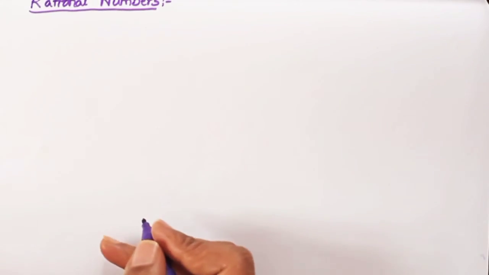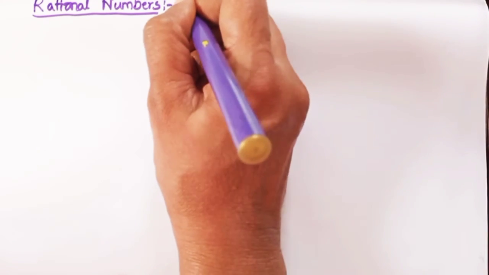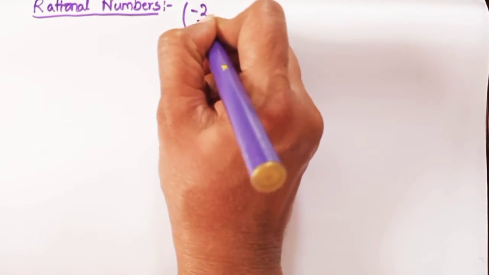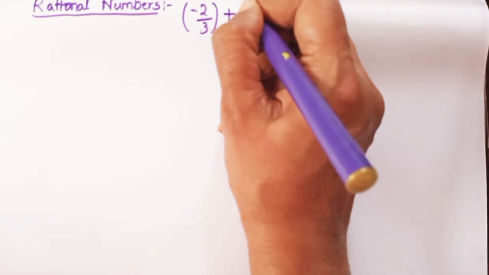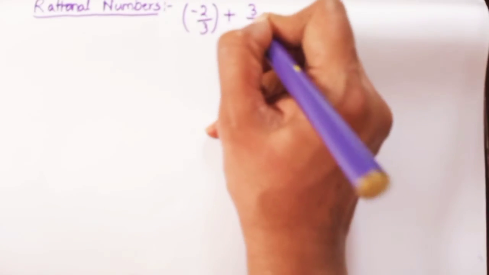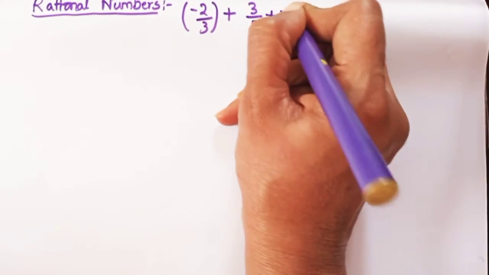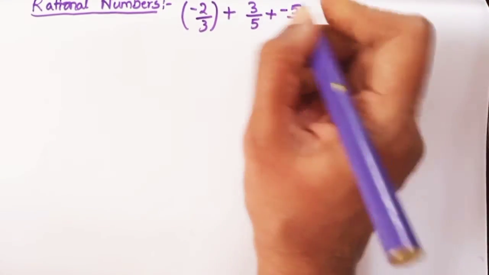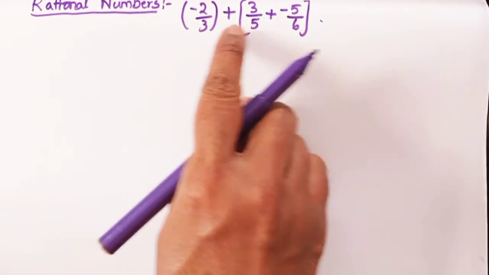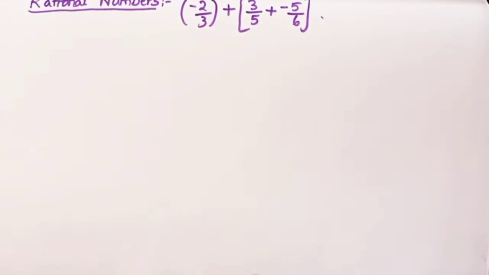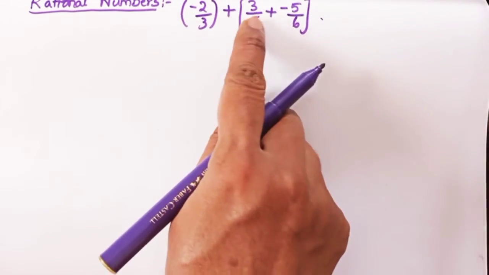I am taking here three rational numbers. Minus 2 by 3 plus 3 by 5 plus minus 5 by 6. Let these be one group. This is A plus B plus C. Understood? A plus B plus C.